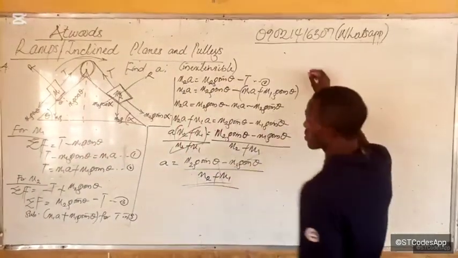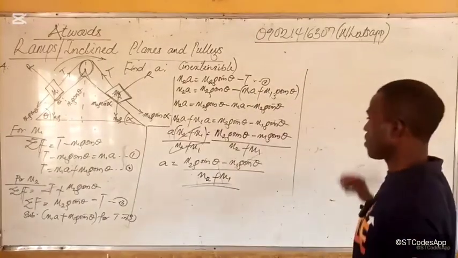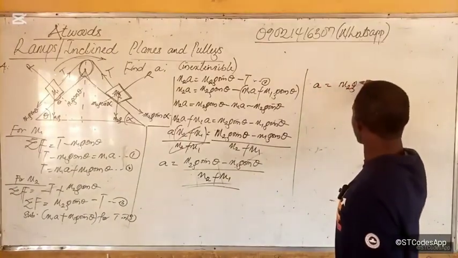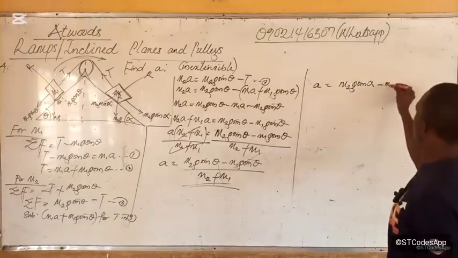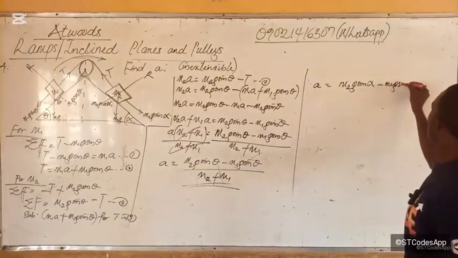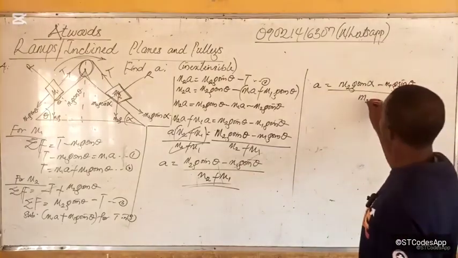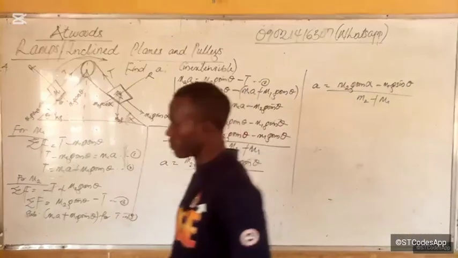So here we have acceleration will be equal to m2g sine phi minus m1g sine theta, over m2 plus m1. And that is it for this.